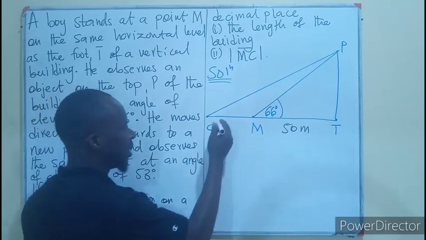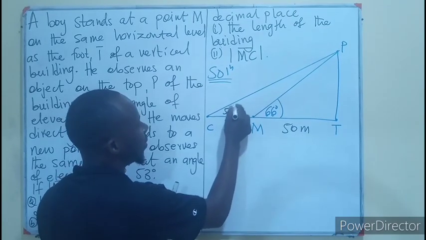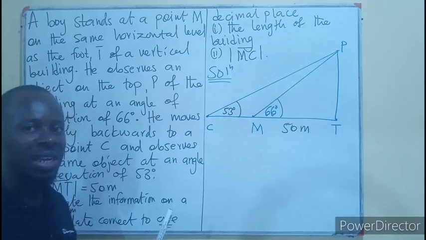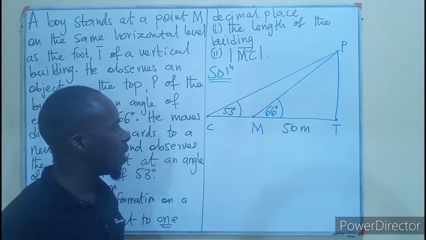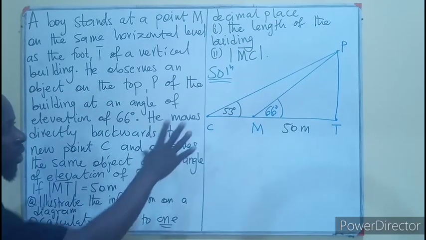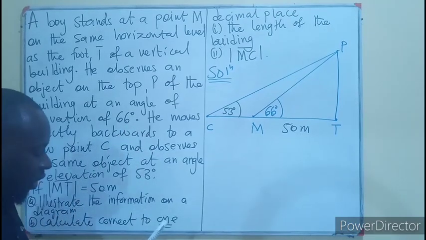So we are given this angle as 53 degrees. That's the angle of elevation, the angle from above the horizontal line. So this is what we are asked to draw for the first part, to illustrate the information on the diagram.